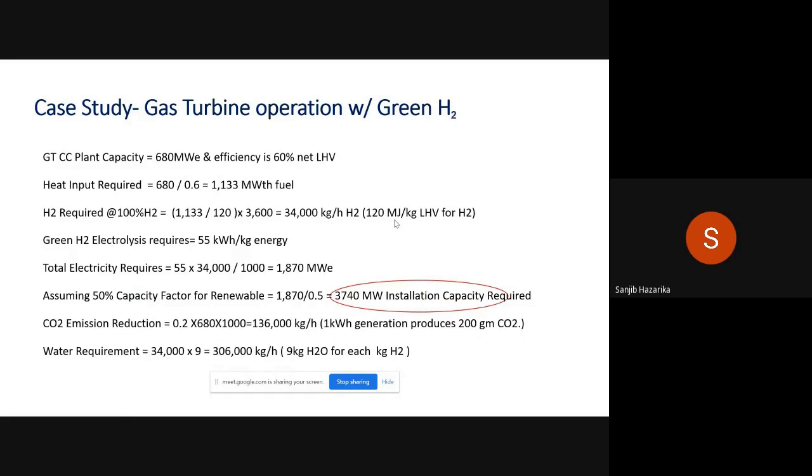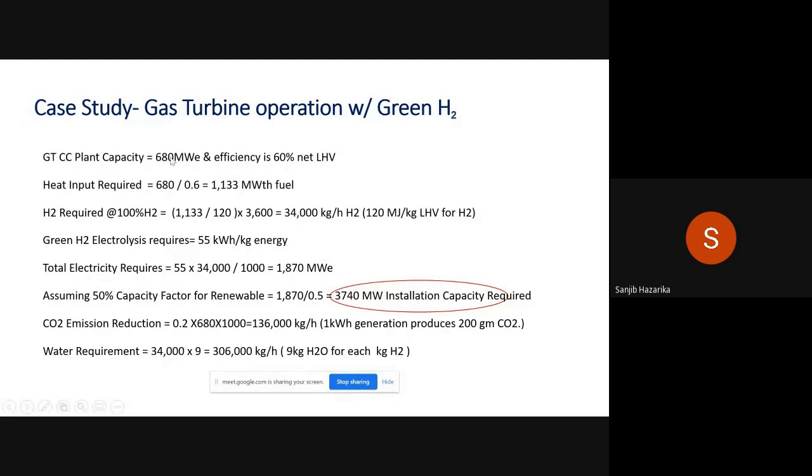So this is a case study that I just wrote here. Basically, it is nothing but a calculation at a high level. If we have a 680 megawatt combined cycle plant, how much hydrogen is required, to produce that green hydrogen how much renewable will be required, and what will be the water requirement if we go with the electrolysis process.